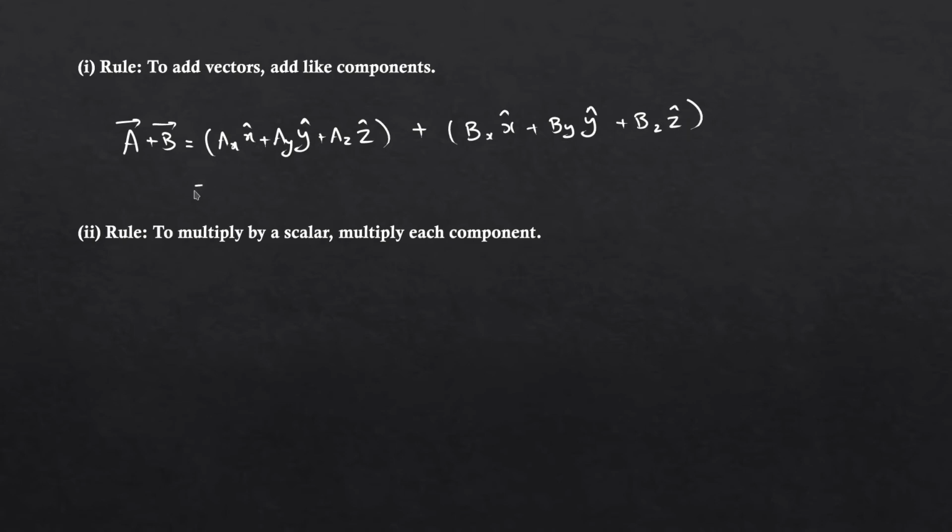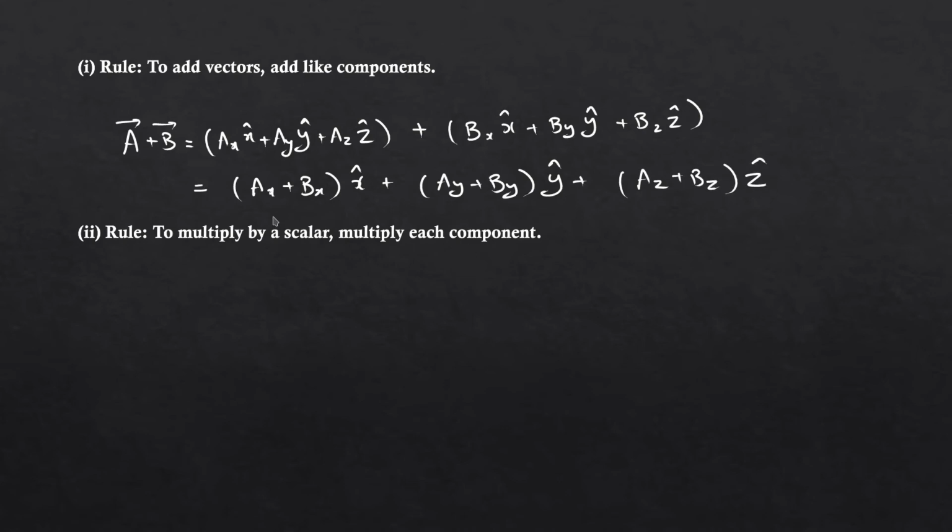Now what we can do is take x cap common, and then y cap and z cap common. So it will be (ax plus bx) x cap plus (ay plus by) y cap plus (az plus bz) z cap.